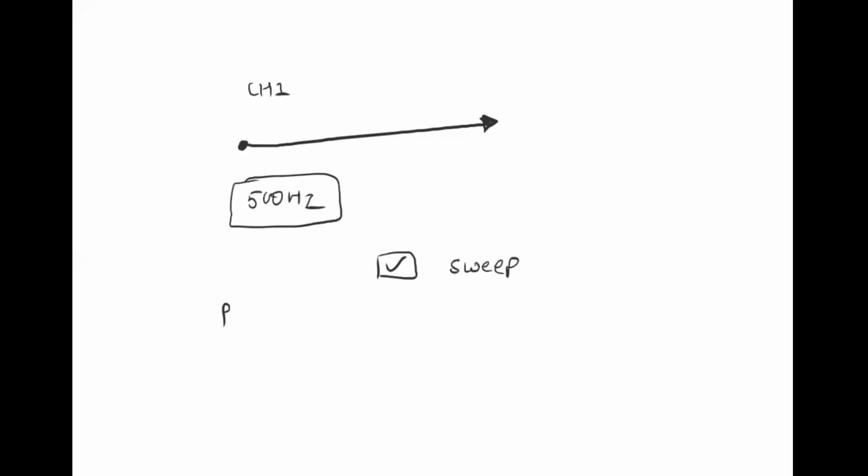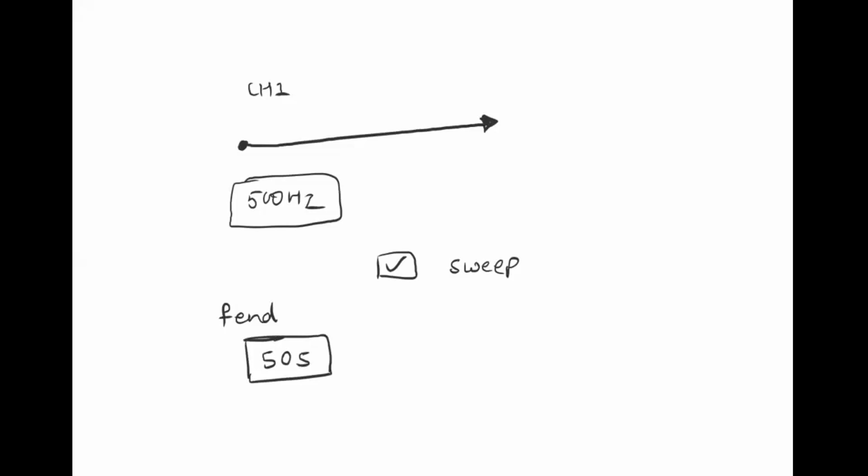In the sweep section you can see f end. This is the setting for channel 1. The start frequency is 500 hertz, and we have set the end frequency to 505 hertz.